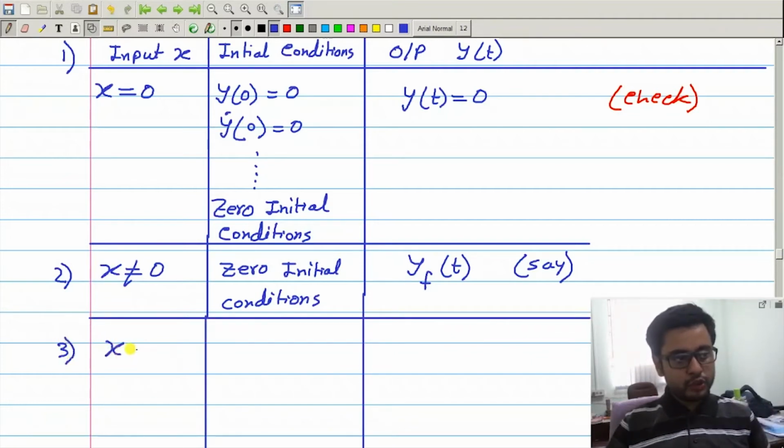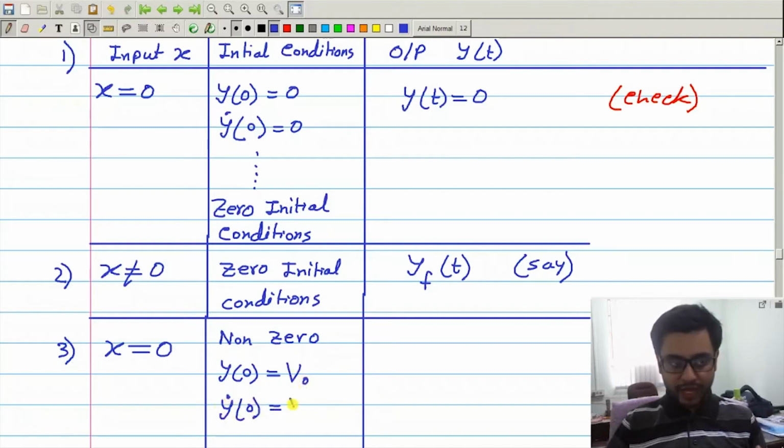when you take 0 input but non-zero initial conditions, like y(0) equal to some value, call it v0, y dot(0) equal to some value v1, and so on.